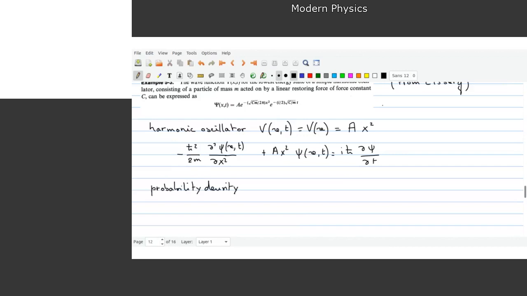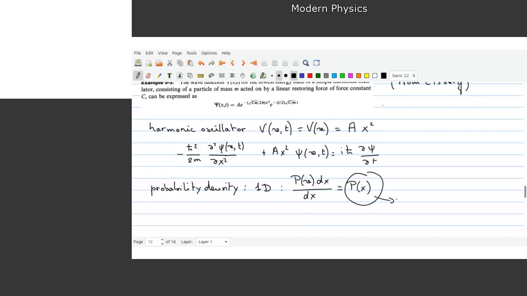In one dimension, this is the probability of finding the particle between x and x plus dx divided by dx. So this is p of x. This is the density.